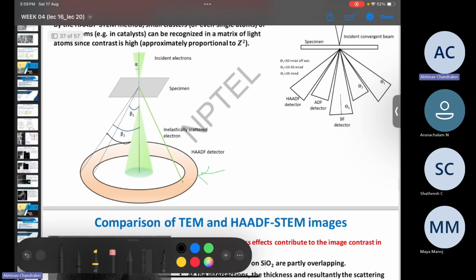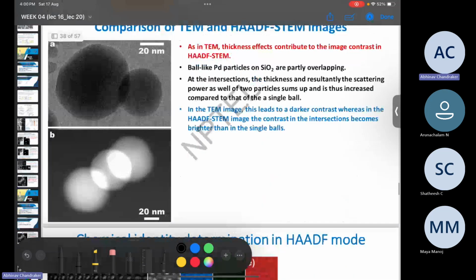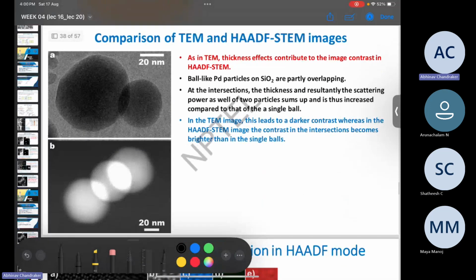As a result, if we use a detector made of a ring at a high angle with respect to the optic axis, then we'll collect all the signals from the electrons which have been scattered by high angles, and this is more likely to be due to atoms which have higher masses. And using this method, we are able to detect the composition of different phases in the specimen.